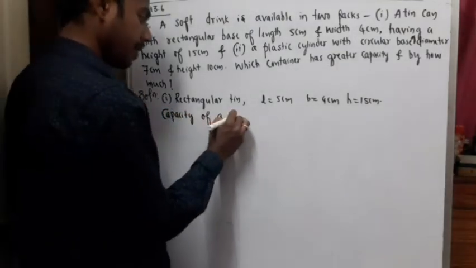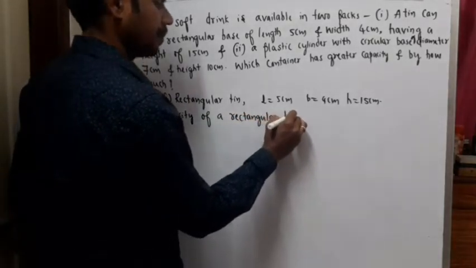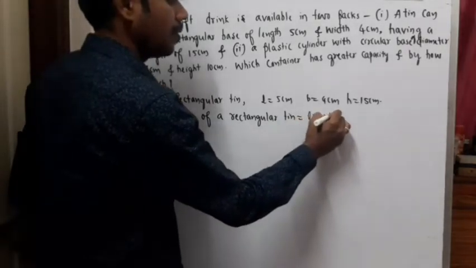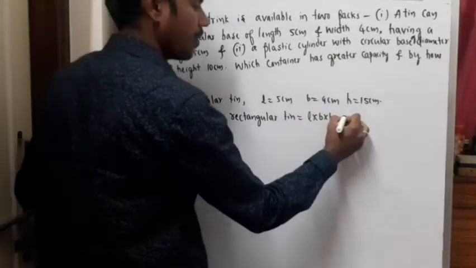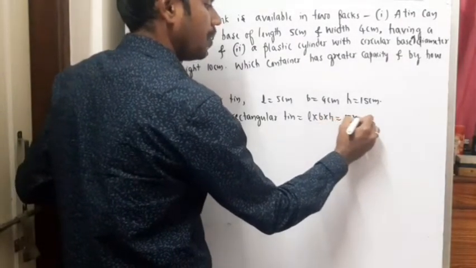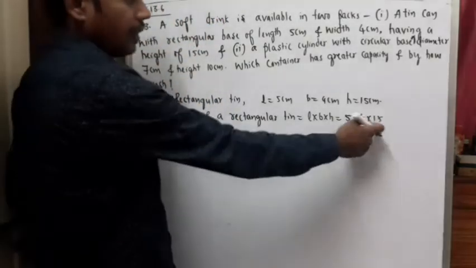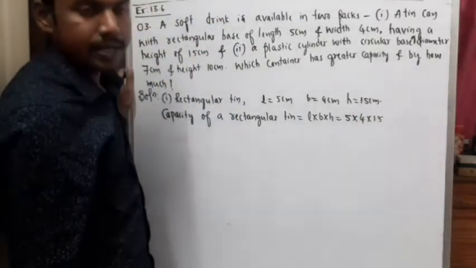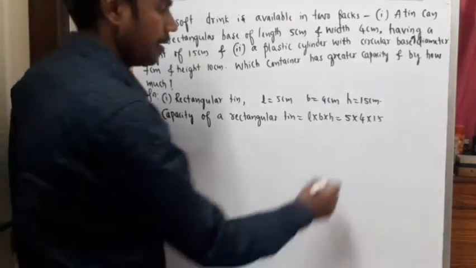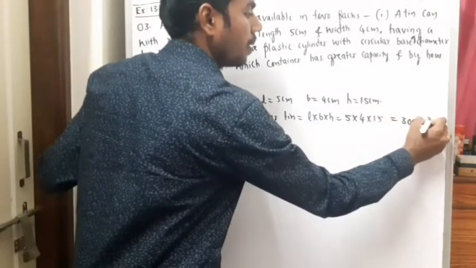Capacity of a rectangular tin is equal to length into breadth into height. What is the length? 5 cm. 5 into 4 into 15. 15 4s are 60. 60 5s are 300. That is 300 centimeter cube.